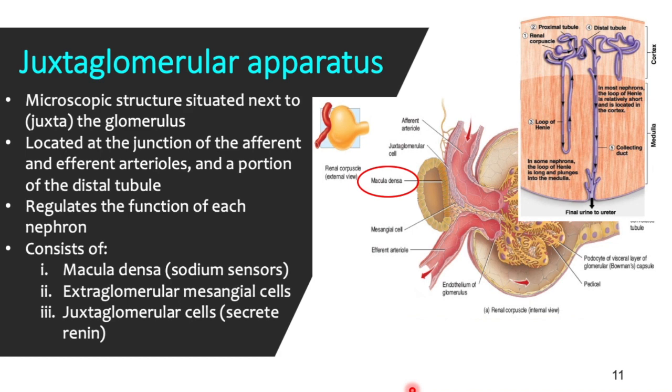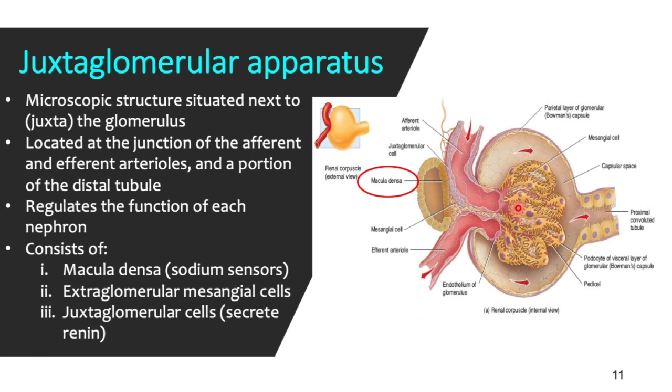This constriction of afferent arteriole will cause decrease in GFR. Whereas if there is decrease in sodium chloride level, macula densa will cause afferent arteriole to dilate. This dilation will cause increase in GFR. So this is how the macula densa acts as sodium sensors.